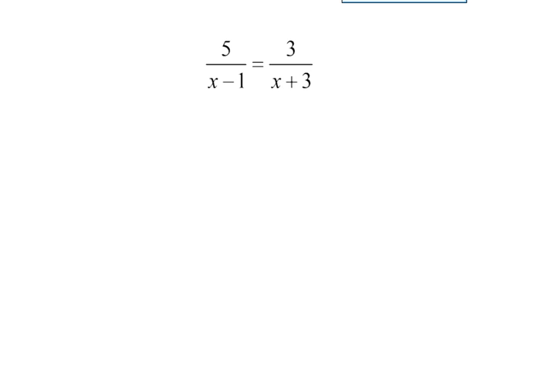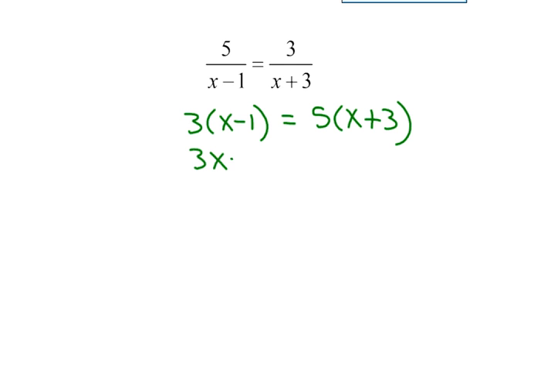So to cross multiply, we're going to multiply 3 times x minus 1. We set that equal to 5 times x plus 3. Next we distribute the 3 and get 3x minus 3, and distribute the 5 and get 5x plus 15.